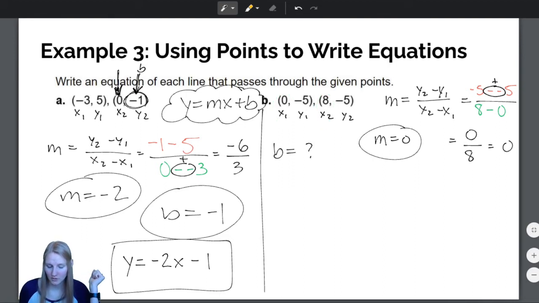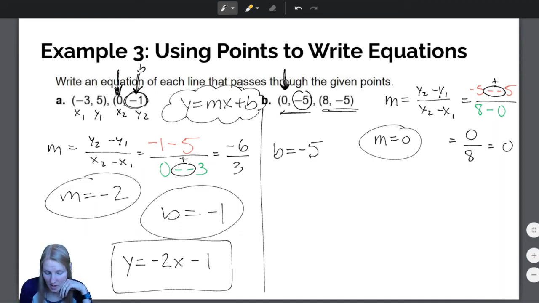Well, remember, to know what b is equal to, I want to look at the point where x is 0. And if x is 0, the y-coordinate is my y-intercept. So when x is 0, y is -5. So that is my y-intercept.